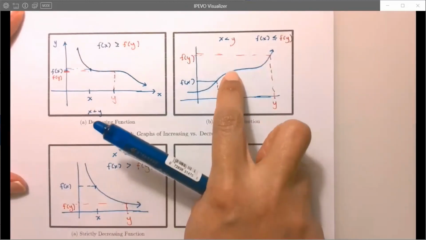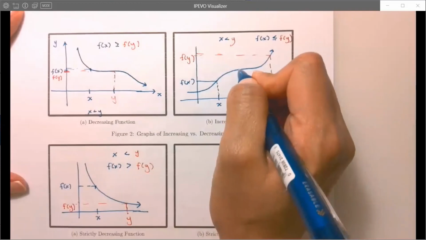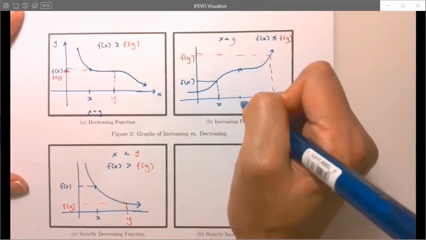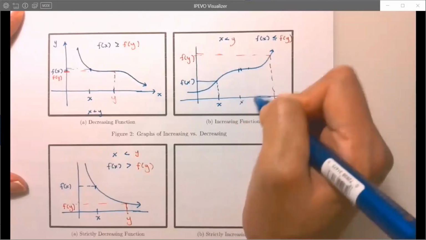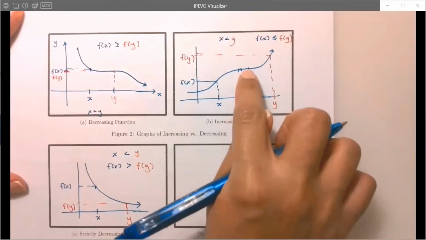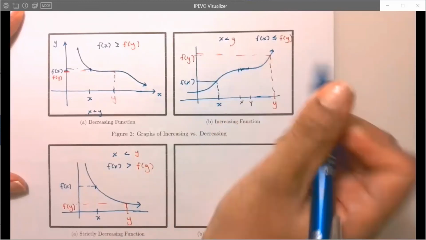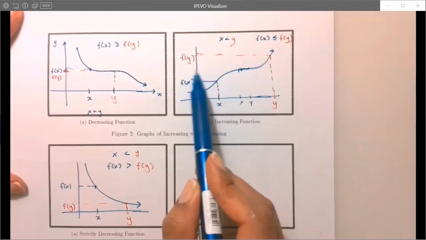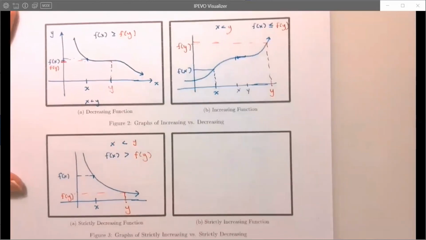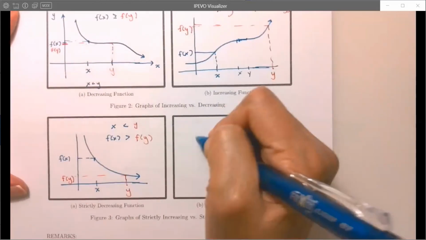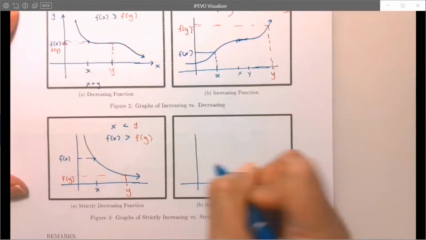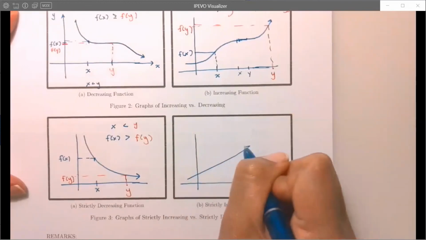And again, the equal to would mean if I pick x somewhere here maybe, and y very close to it, at that point the graph might be a bit flat, so they're going to have the same output value. And strictly increasing just means that there will be no flat areas. It'll just be constantly increasing.